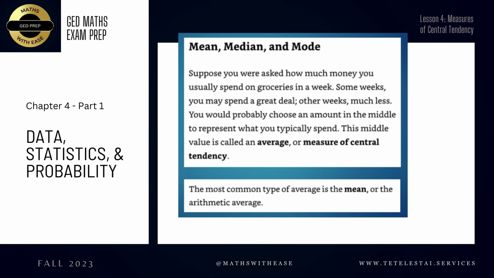So your tendency to spend on groceries depends on, I don't know, what you have in your fridge. Okay. So you would tell your friend a number that's in between your high spending and your low spending, to give an accurate representation of the average amount you spend, or your central tendency. Okay. The most common type of average is called the mean, or the arithmetic average. And we'll see that in examples that follow.